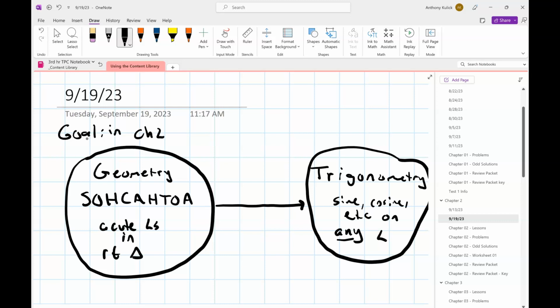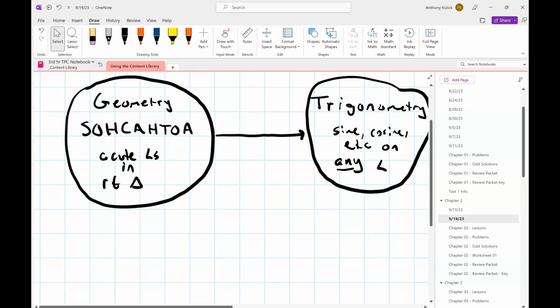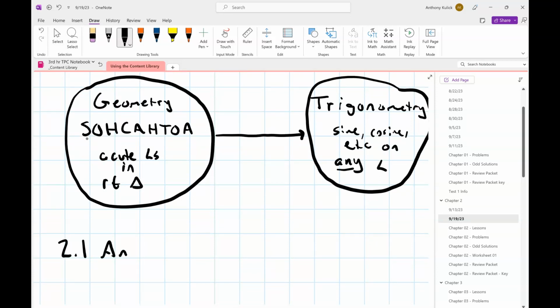Everybody's okay with this so far? Yeah. Okay. All right. So we're going to start here in 2.1, just talking about angles.